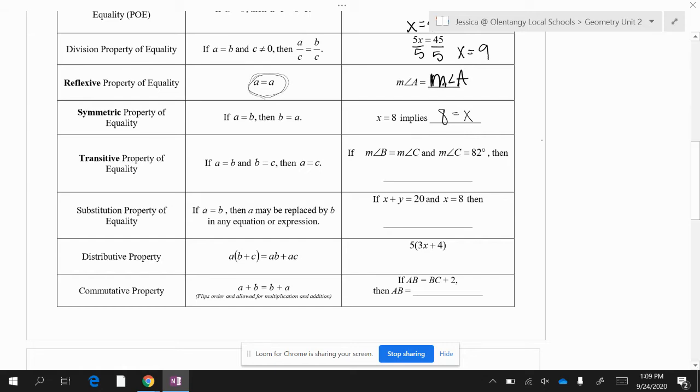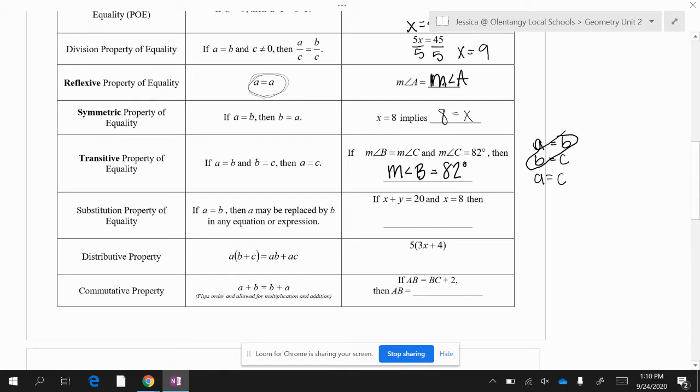If I write this out that A equals B, B equals C, there's this overlap here, so I can take the middleman out and just say that A equals C. And it's the same thing. So measure of angle B equals measure of angle C. If measure of angle C equals 82, then we can conclude that measure of angle B will also equal 82.